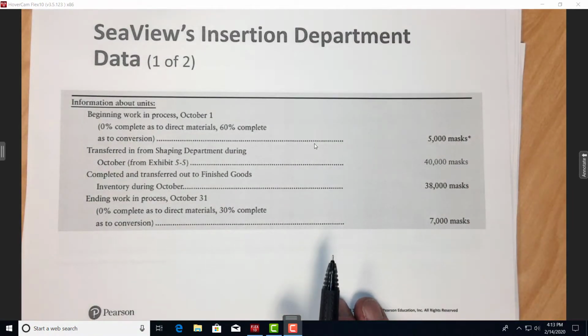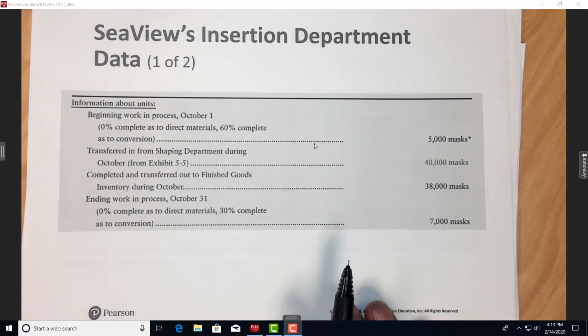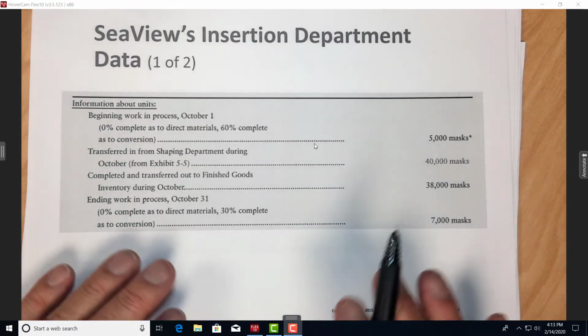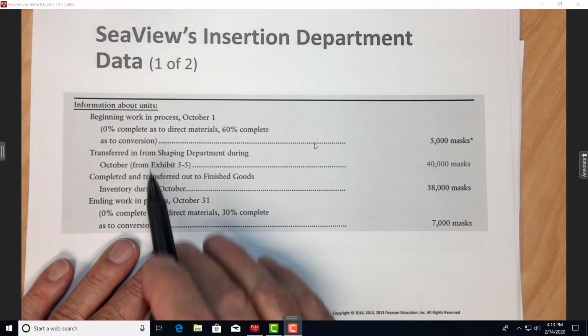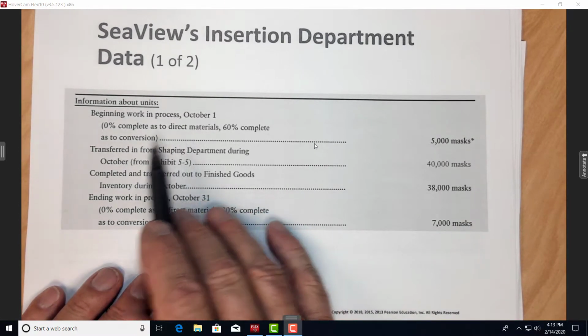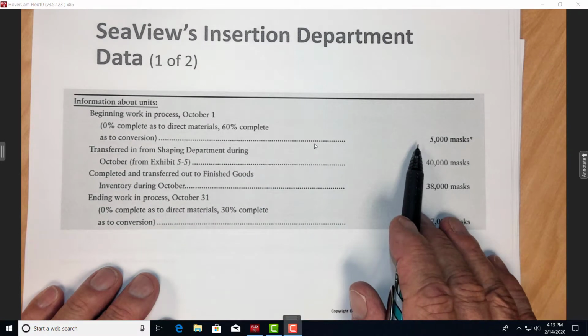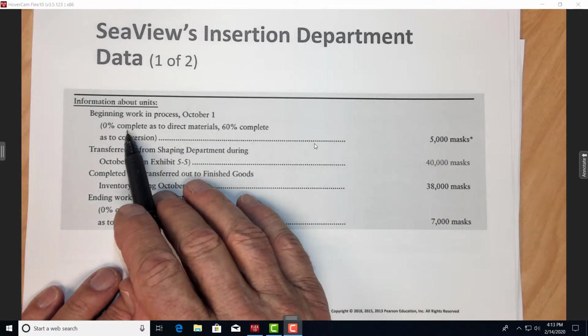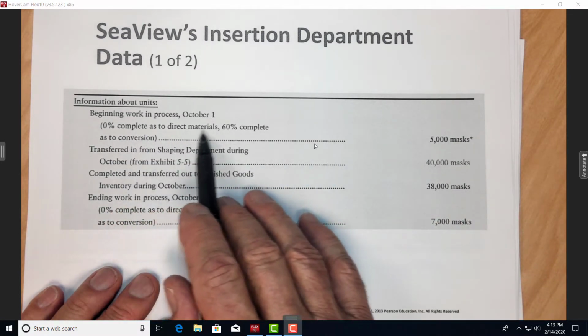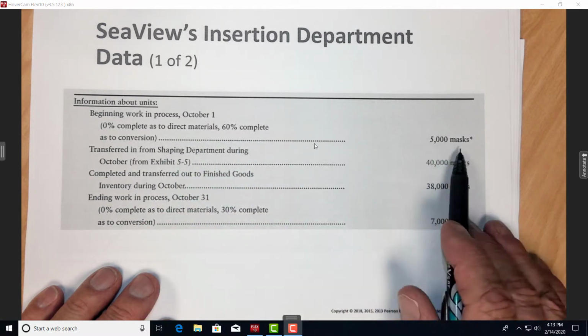So let's look at a department, and it doesn't matter what the department is, but in the problem you'll have a beginning work in process which they give you. They're saying that there's 0% completed as to direct materials, 70% completed as to conversion.